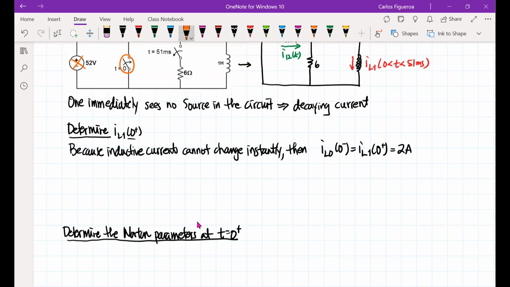So I now know what this initial condition is right there.